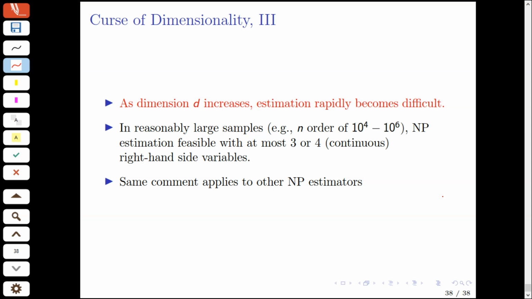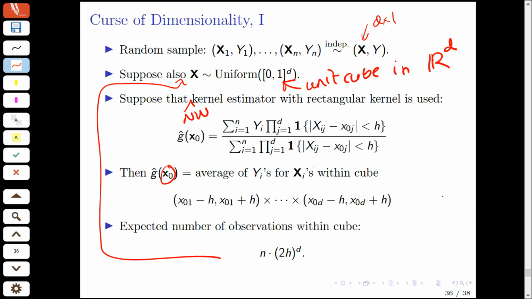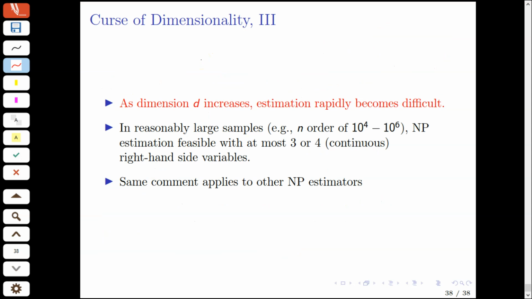Now, while our previous calculation was for the Nadaraya-Watson kernel estimator, and it was based on a particular assumption about the regressors X, one may show that this statement holds quite generally. That is, we could apply the same comment to nonparametric estimation methods beyond the kernel universe.